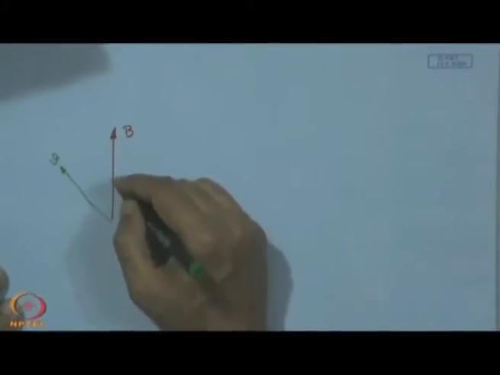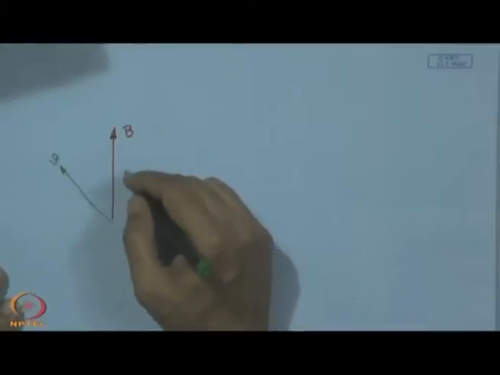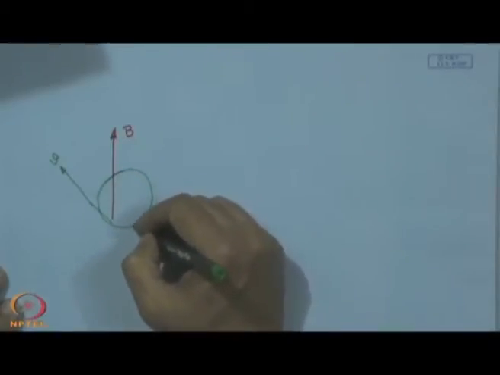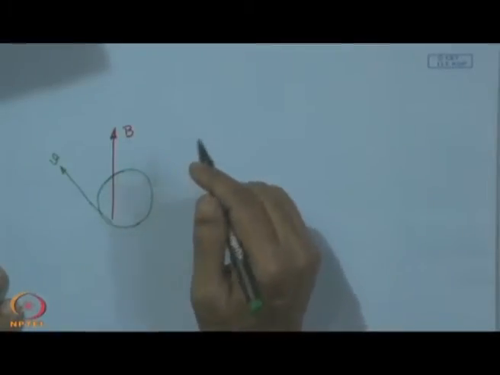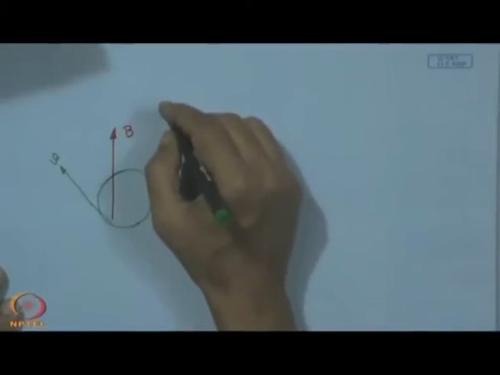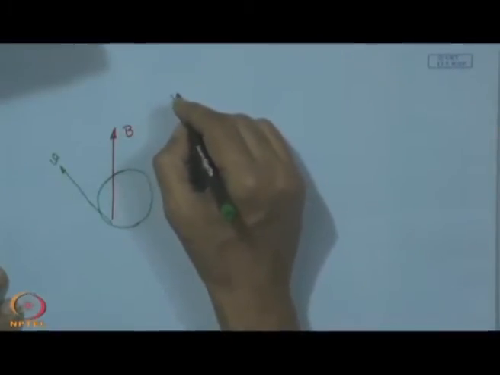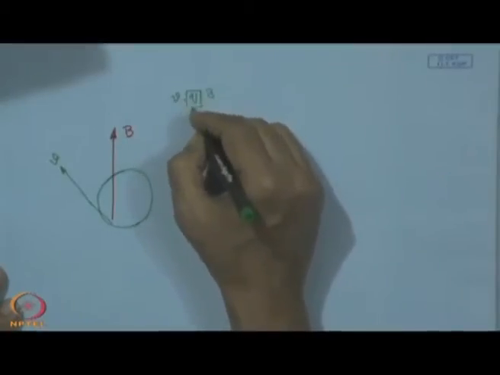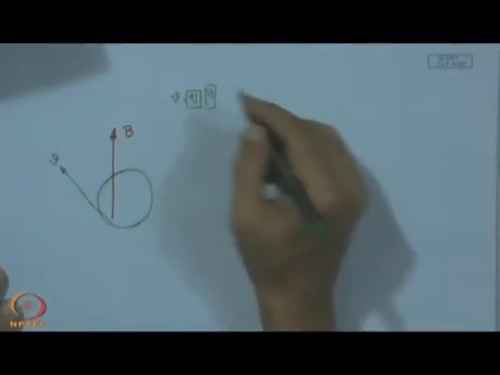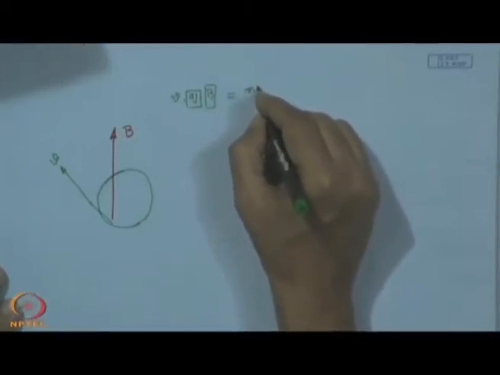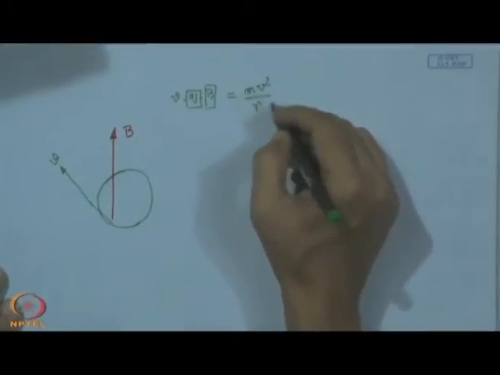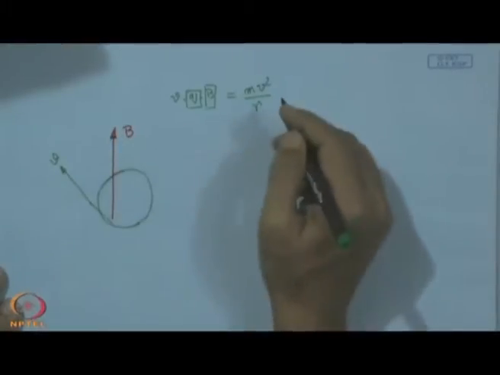then it will keep on orbiting, and this orbit radius will be given by the following. The force will be v into Q into B, where Q is the charge, B is the magnetic field, and v is the velocity, and that can be equated to the centrifugal force to which it is subjected.